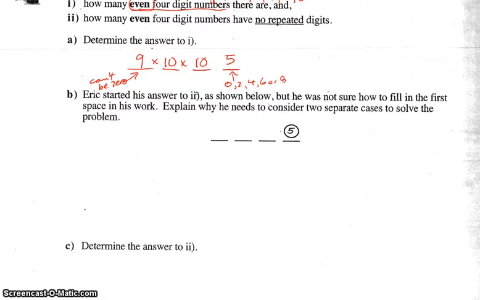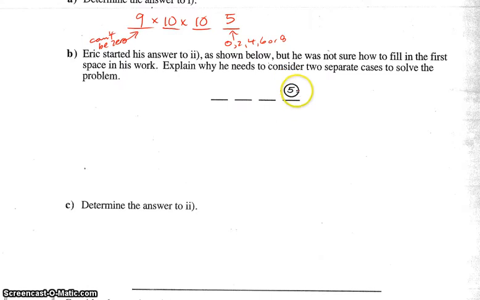If we can't repeat the digits, that means again we can't do 5 choices. So what he started to do here will not work, because if he used 0 in this position, then he would have 9 choices. If he didn't use 0, say it was 2 that he used up, then we couldn't have 0 and we couldn't use 2, so we would only have 8 choices.